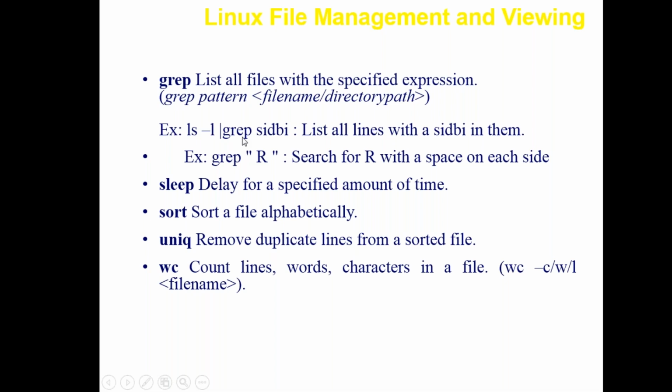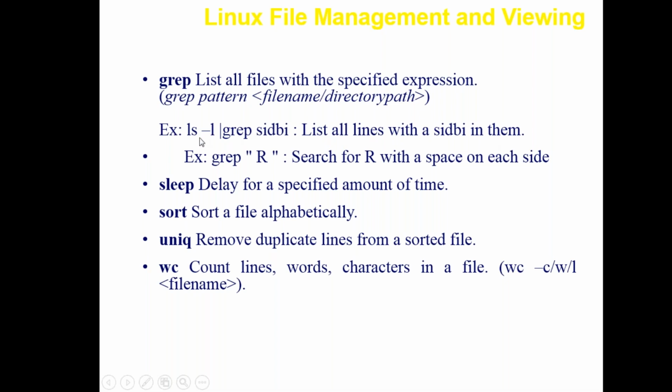Now grep command will list all the lines with this word. Like for SIDB, it is a word I'm looking for. So it will give me all the files, and now I want to filter only those files which have the name SIDB in them.